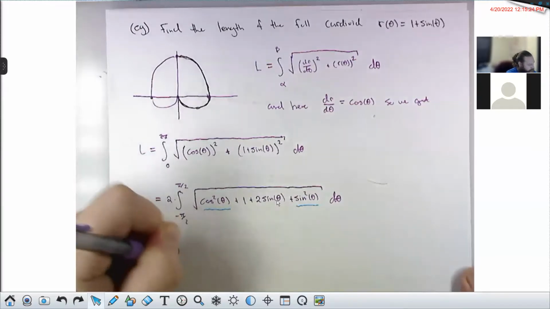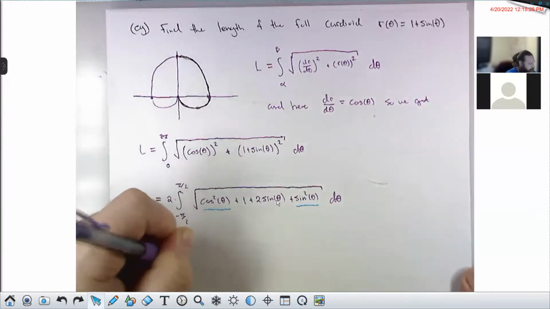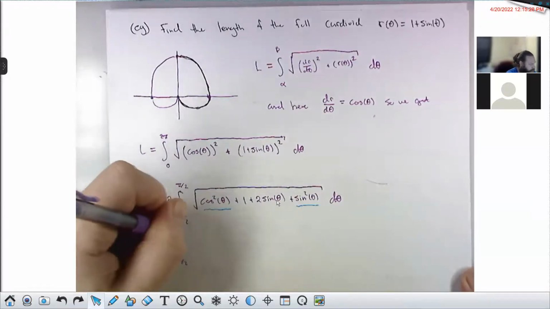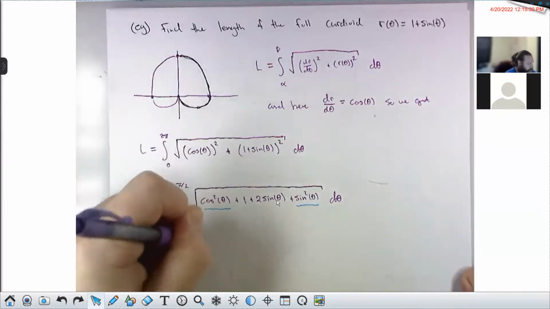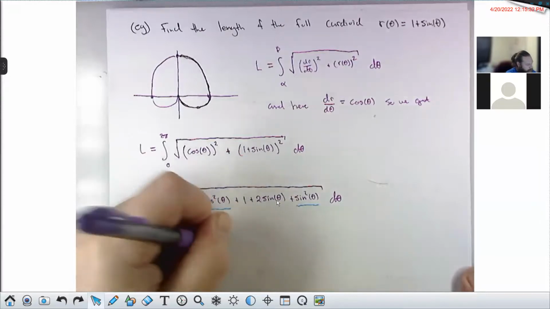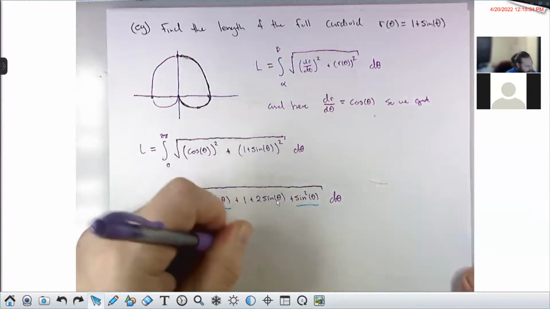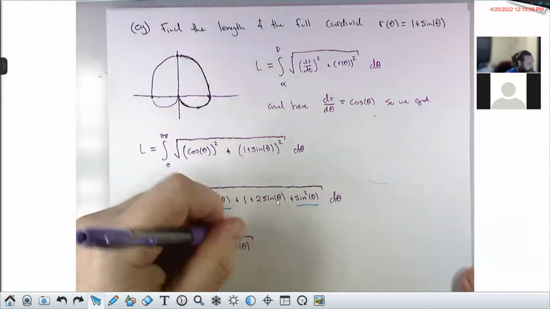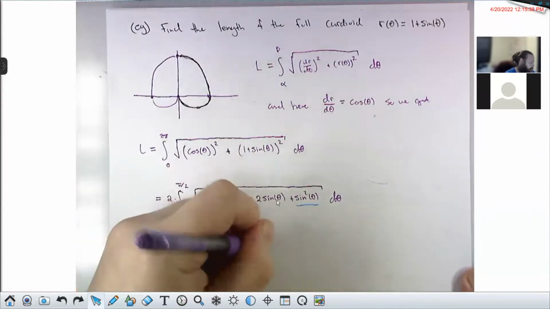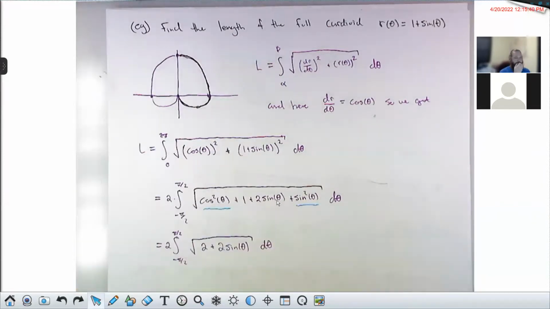So altogether that's 2 times the integral from negative pi over 2 to positive pi over 2 of the square root of 2 plus 2 sine theta. Okay. This is a tricky integral. Can anybody suggest how to evaluate this integral?